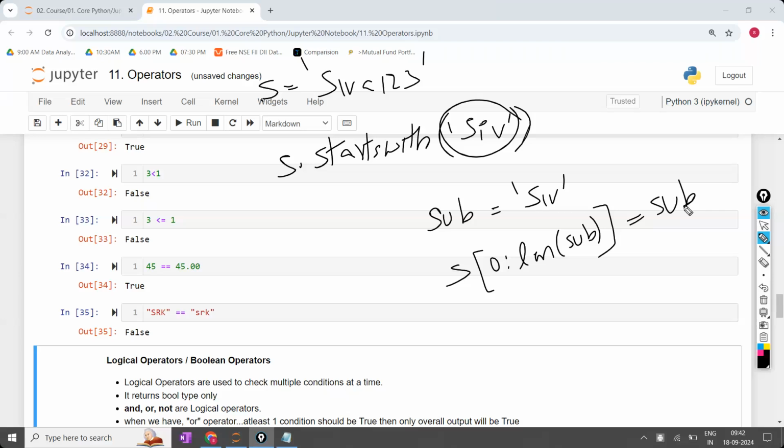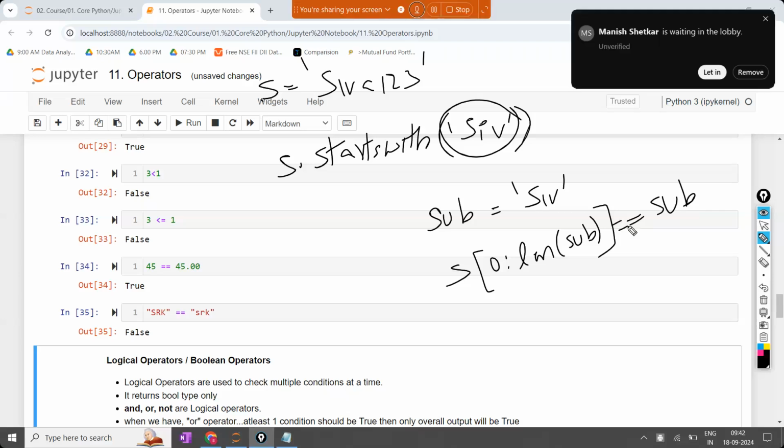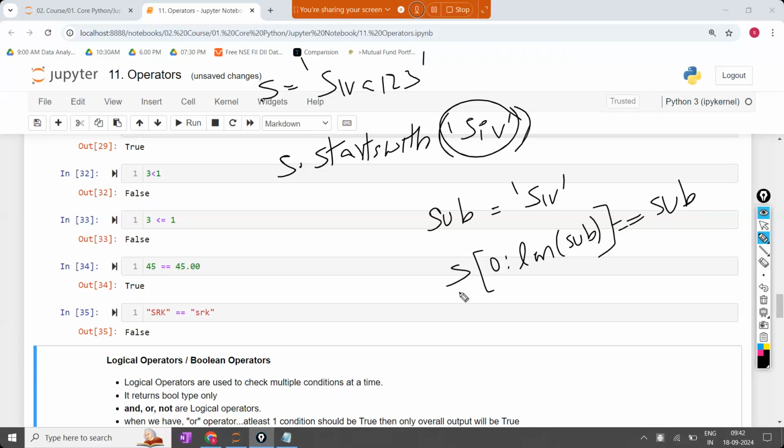That is the backend code. Now s of 0 to length of sub is 3, which is caps lock SIV, and this is equal to SIV. If both are the same, the output is true. If both are different, the output is false. That is the backend code.